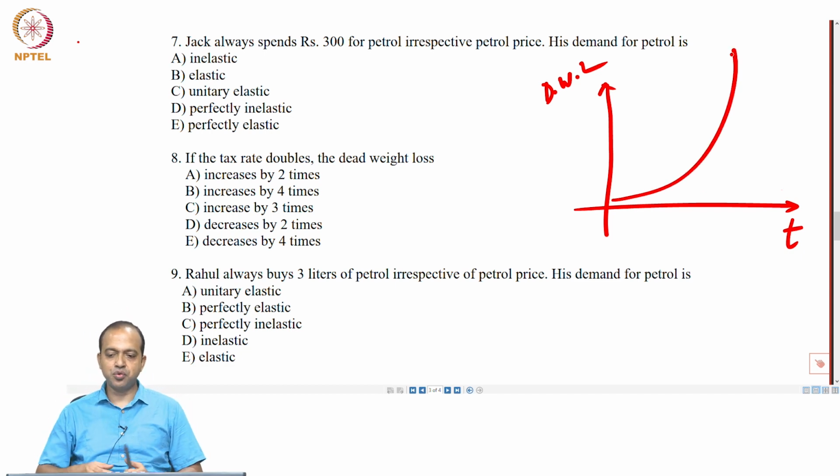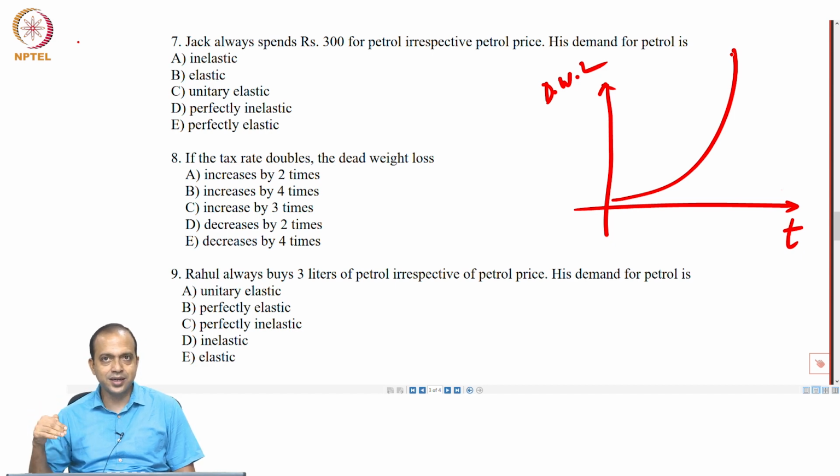So, deadweight loss increases with tax rate at an increasing rate, right. That means if the tax rate becomes 2 times higher than the previous one, then the deadweight loss will increase by 4 times, right, because of this relationship.